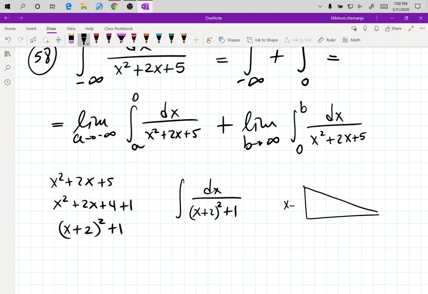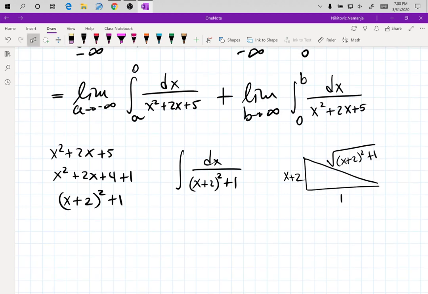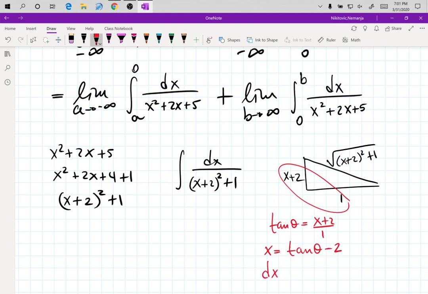But we can also do it. There is a plus, which means these are legs, which means this is the square root of x plus 2 squared plus 1. We have our red function over here, which is tangent theta equals x plus 2 over 1, from where x is equal to tangent theta minus 2, and immediately dx is equal to secant squared theta d theta.